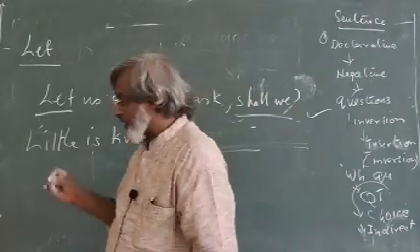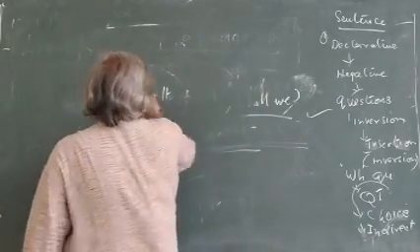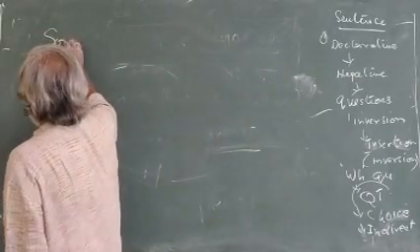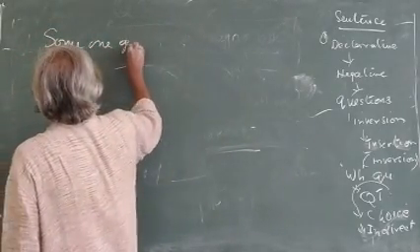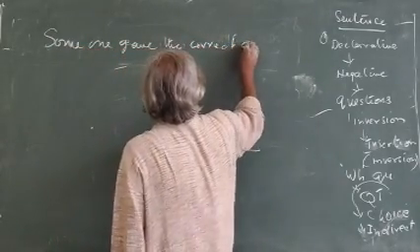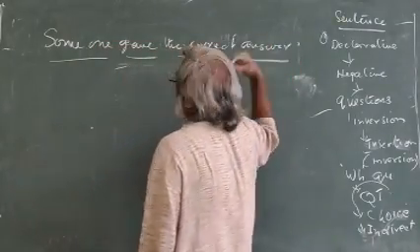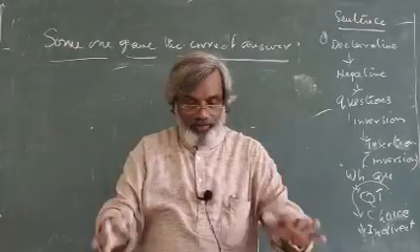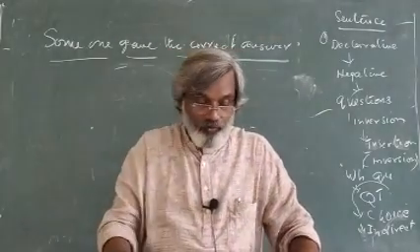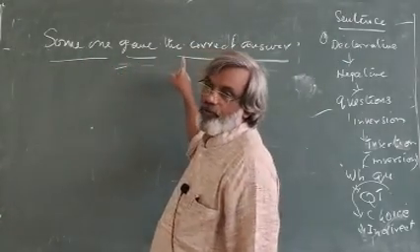Example, someone gave the correct answer. We want to get a negative question tag. How can you use it? Someone looks like a singular but is considered plural.